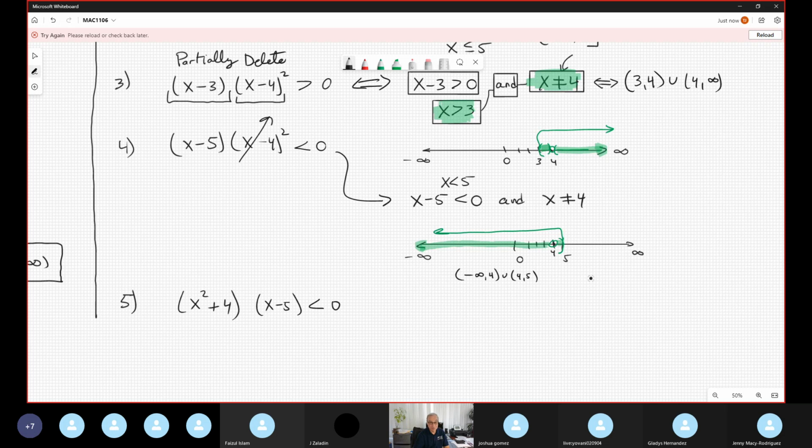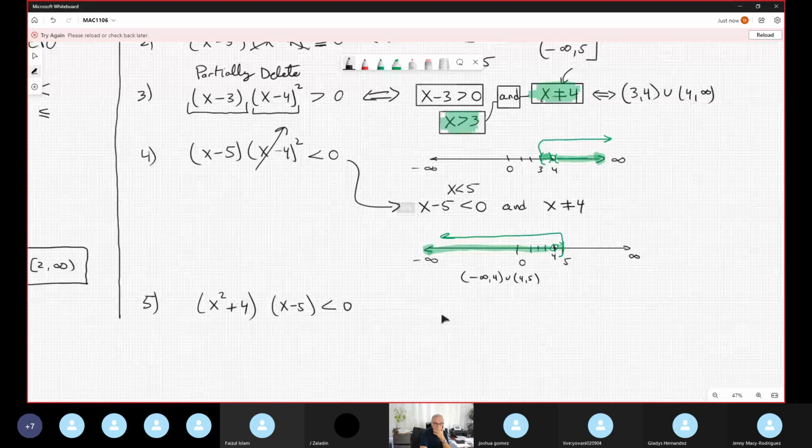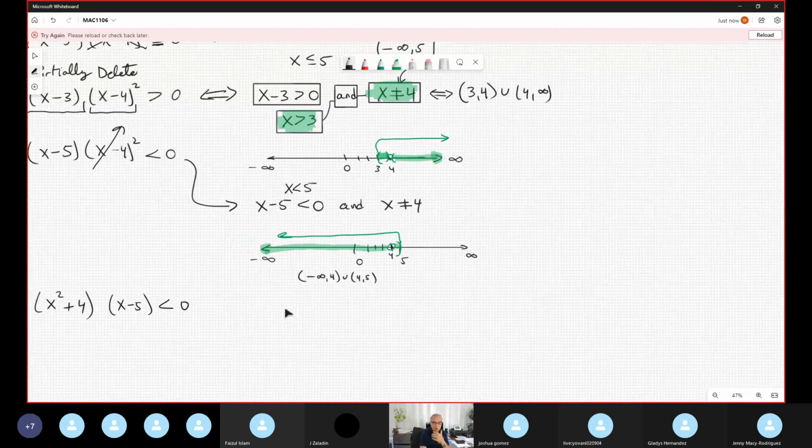Okay, this is different. Why is it different? Let me try to explain in the best way possible. I need you to understand the difference between the factor x minus 4 squared and the factor x squared plus 4.